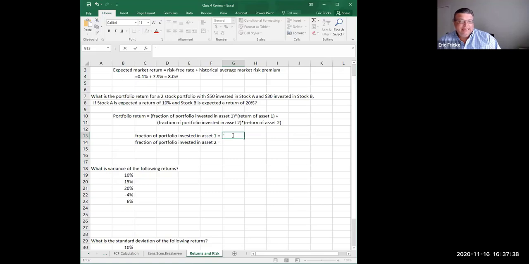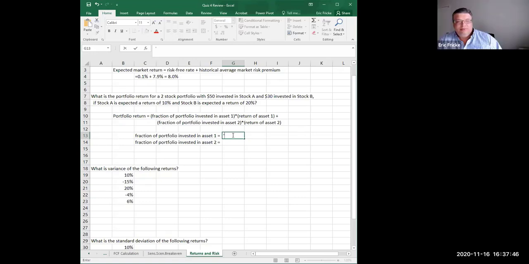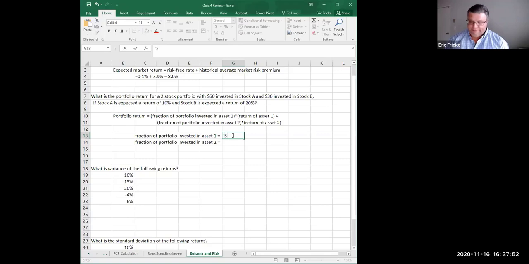So how would we calculate what percent of our portfolio is invested in stock A? That's what we need for this equation. 50 divided by 80. Yeah. The 50 we have invested in A divided by the total value of the portfolio, right? And the total value is 50 plus 30.